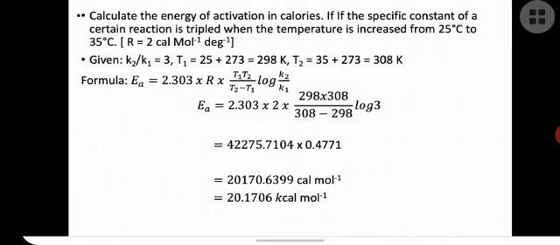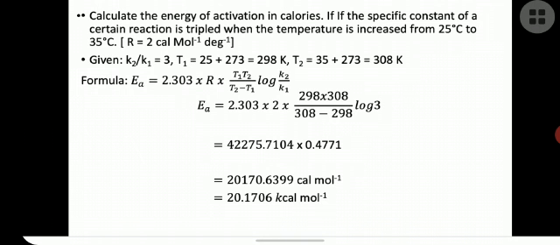Therefore, given terms are K2 upon K1 is equal to 3, T1 is equal to 25 plus 273, it is 298 Kelvin. T2 is equal to 35 plus 273, it is equal to 308 Kelvin.